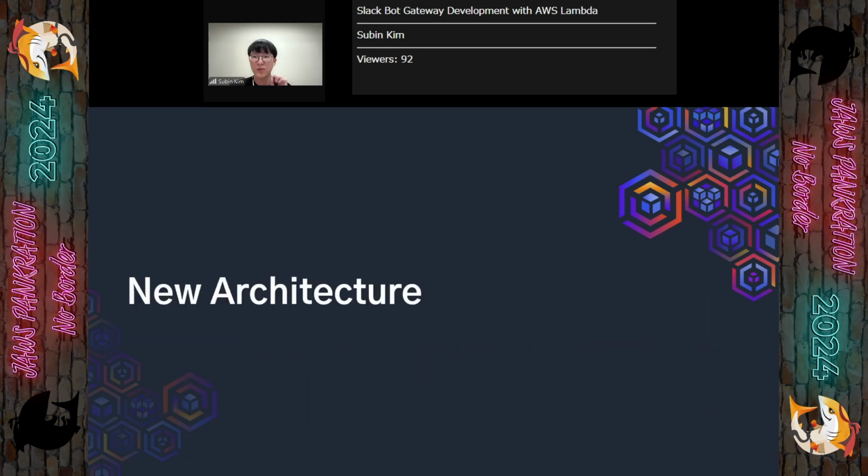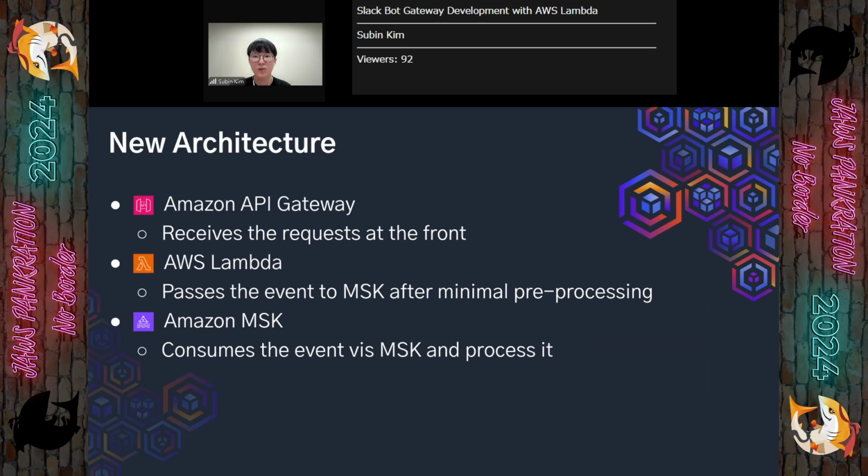So I will introduce a new architecture that follows the previous proposals. The new architecture uses these three services from AWS. The first is the Amazon API Gateway. Amazon API Gateway ensures that your API requests are reliably received at the front end.